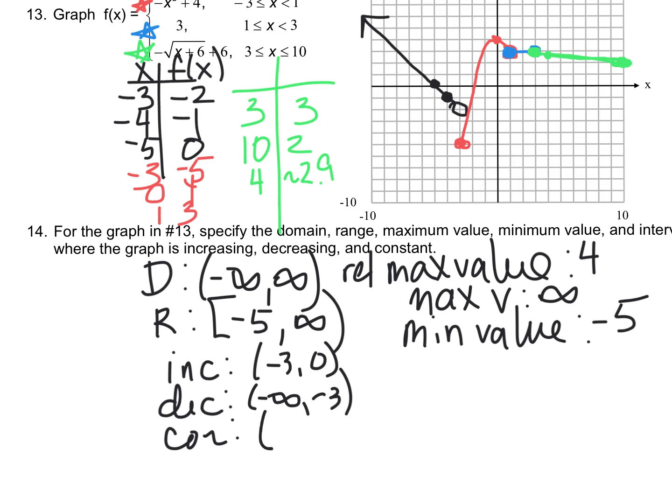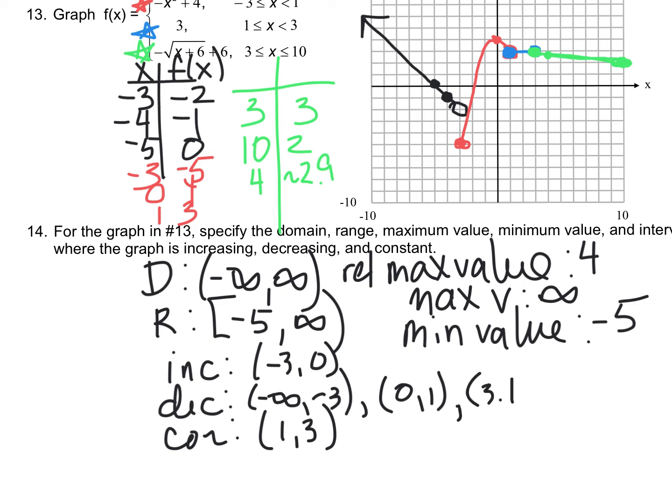So it'd be constant from 1 to 3. I did skip over something, my apologies. When I went to here, I stopped right there, but we have it decreasing from there to there. So the decreasing will go from 0 to 1. And then lastly, this graph is definitely going down, so we're decreasing from 3 to 10.